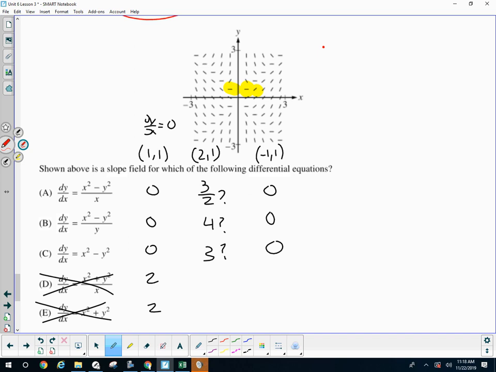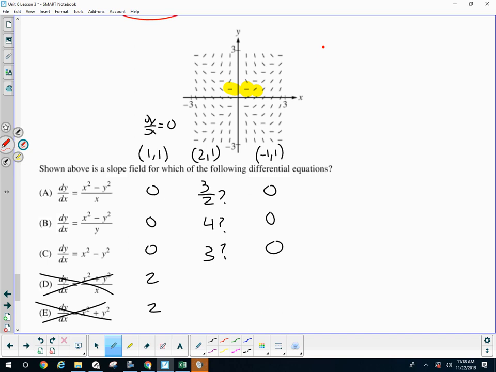Why don't I pick something on one of the axes? Now I can't tell what the slopes are on the y-axis, but that actually is an indication of what the answer is going to be. So maybe we're just intimidated by the fact that we don't have any tangent slopes when x is 0.